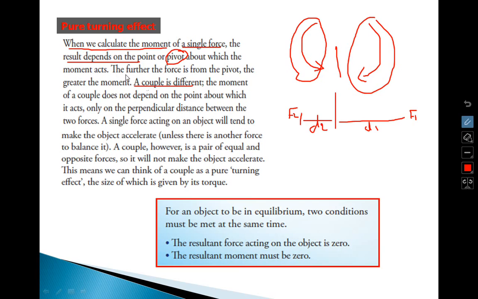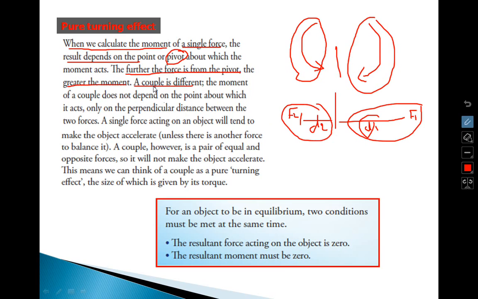The further the force is from the pivot, like F1 here, which is far from the pivot compared to F2, the greater the moment. So the moment here is greater than the moment there.